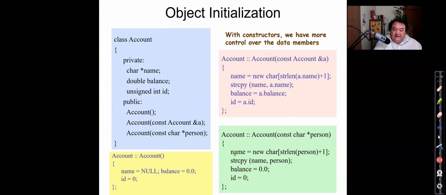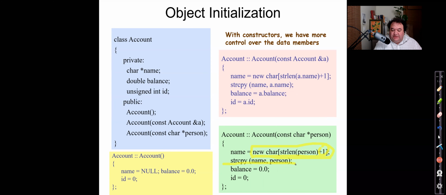We cannot simply say name equal to person. But what we want to do is, in name, make sure that we allocate a string that has enough space, so an array of characters with enough space to store the string plus the null, the \0 termination.